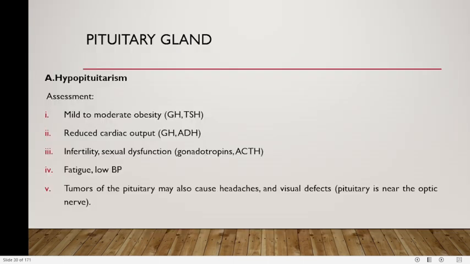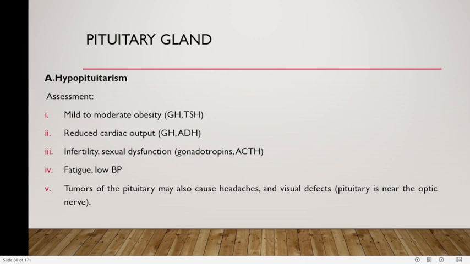So looking at the pituitary gland, we have various conditions associated with it. Underproduction of hormones from the pituitary gland results in a condition known as hypopituitarism. On assessment, we have mild to moderate obesity and reduced cardiac output.